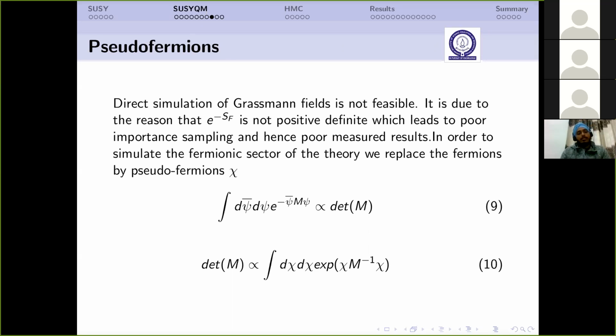So how do we simulate the fermionic sector of the theory on the lattice? We replace fermions by pseudo fermions. We integrate out the fermionic part, we get the determinant of M, and we replace it by the pseudo fermions.